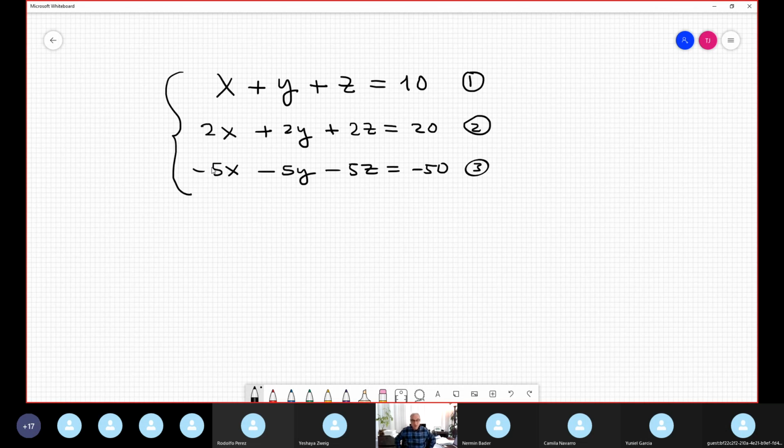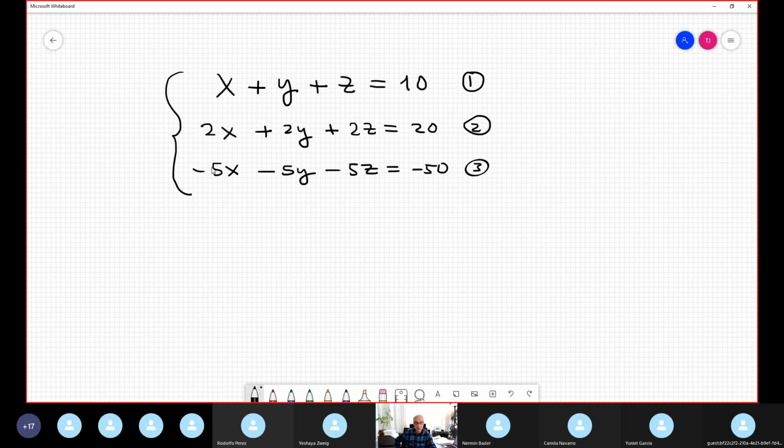Remember, the idea behind this is that if you multiply or divide one equation by one number, it doesn't affect the geometrical thing. It's a plane, it's the same plane. If you divide or multiply by the same number, right? So you see in this example, x plus y plus z equals 10, then 2x, 2y, 2z equals 20.